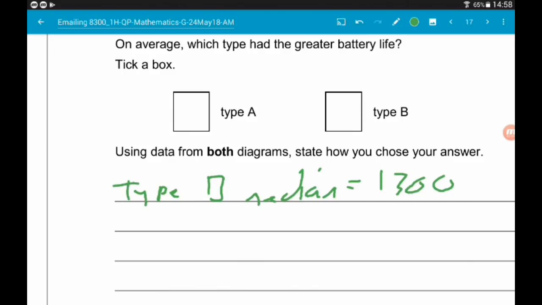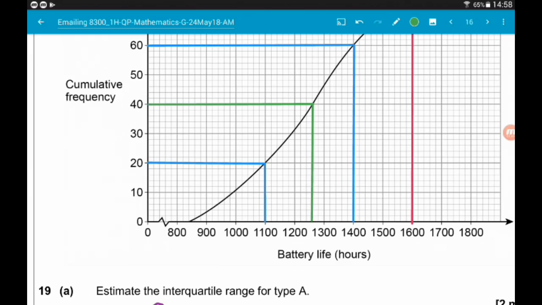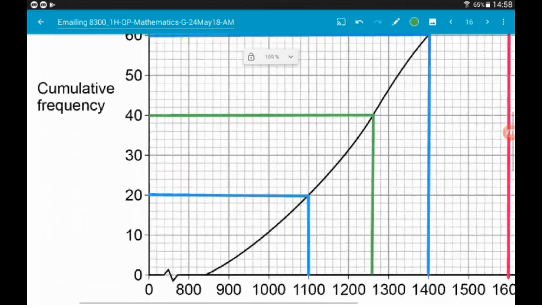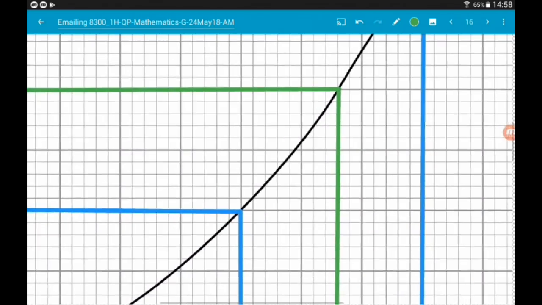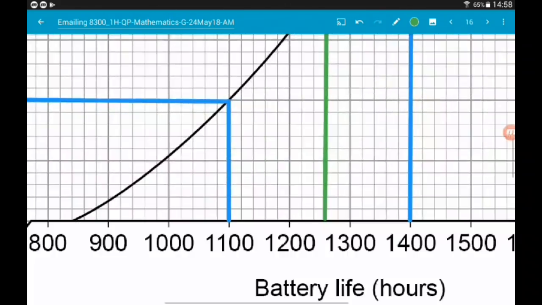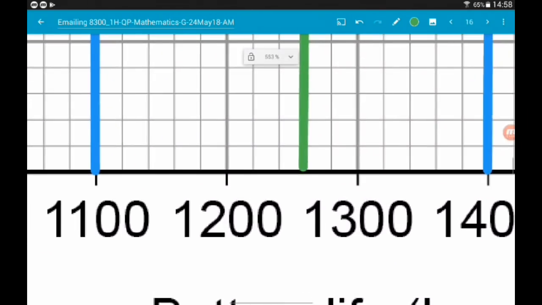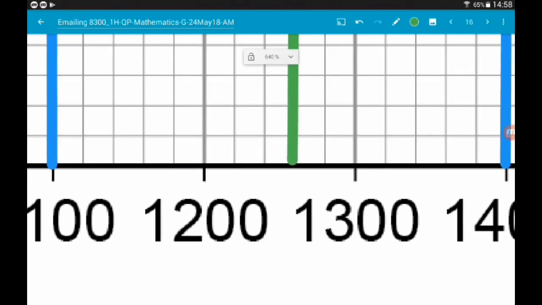So we now need to get the median for type A. So the median is the middle value. So we find half of 80, which is 40. From the y-axis then, we go across from 40 till we hit the graph, and then we go down to the x-axis. So we get a value of 1260.